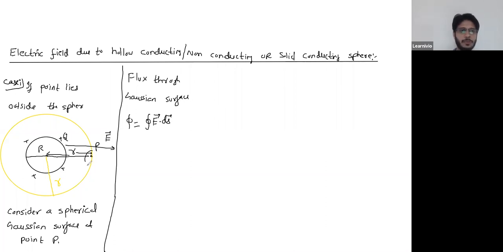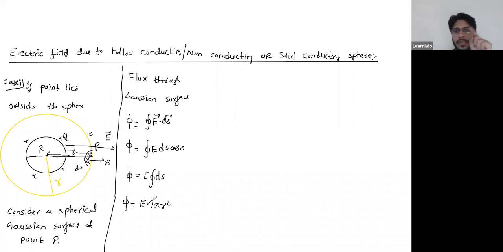If I consider a small element here, then the direction of small ds is also outwards. So E and n cap are acting in the same direction. So flux is the closed integral of E ds cos 0. Next, you can take E outside this integral sign. So this is E times closed integral of ds. You can integrate this ds over the entire Gaussian surface. You will get phi is E into 4 pi r square.